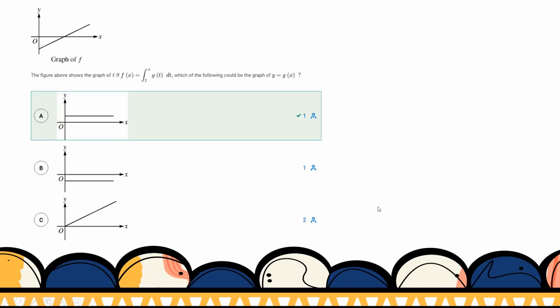The next question is really again asking you to interpret what the graph would look like. So the figure above shows the graph of f. If f of x is this function, which of the following could be the graph of y equals g of x?